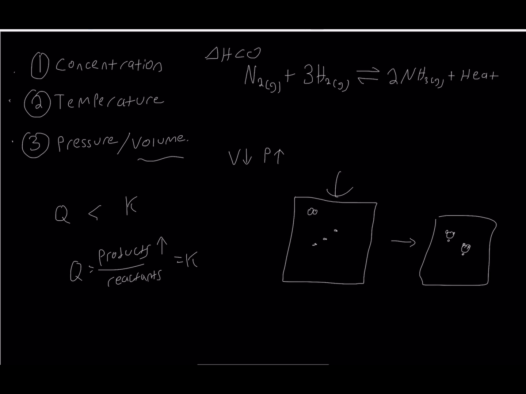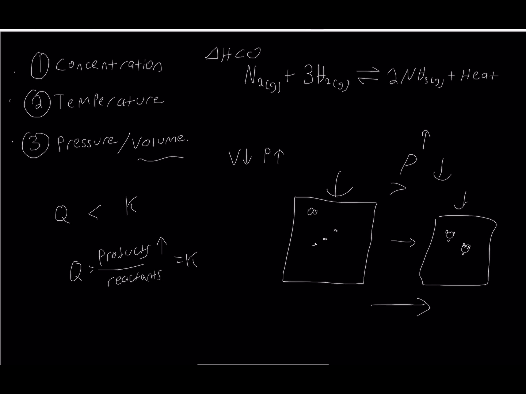Obviously, this side is going to have more pressure than this side, right? So if we increase pressure, according to Le Châtelier's principle, in order to counteract that, we're going to want to shift to the side with less moles of gas or less pressure to drop pressure back down.